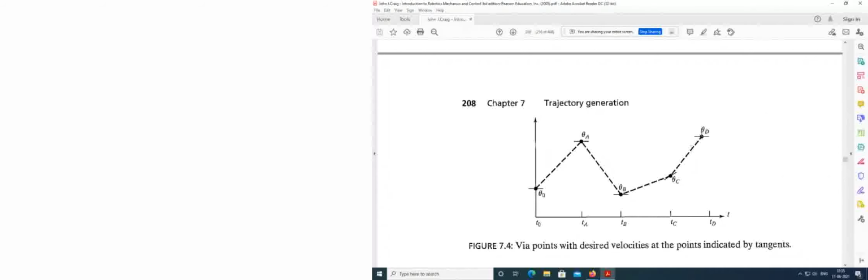Finally I need to reach theta naught to theta d. I can't do it as a single cubic polynomial from theta naught to theta f, but I have to go through these points. One reason could be some constraint, another reason could be something else, depending on the application. So these points theta a, theta b, and theta c are known as via points, because it has to go via these points.